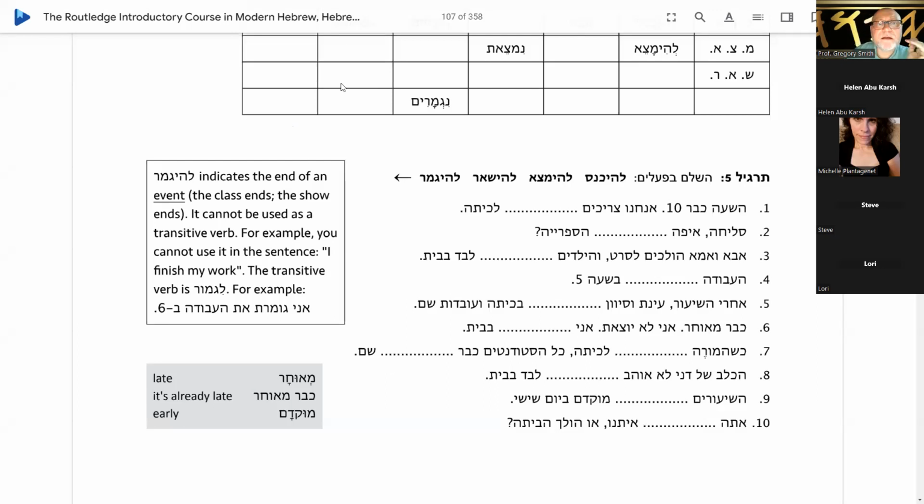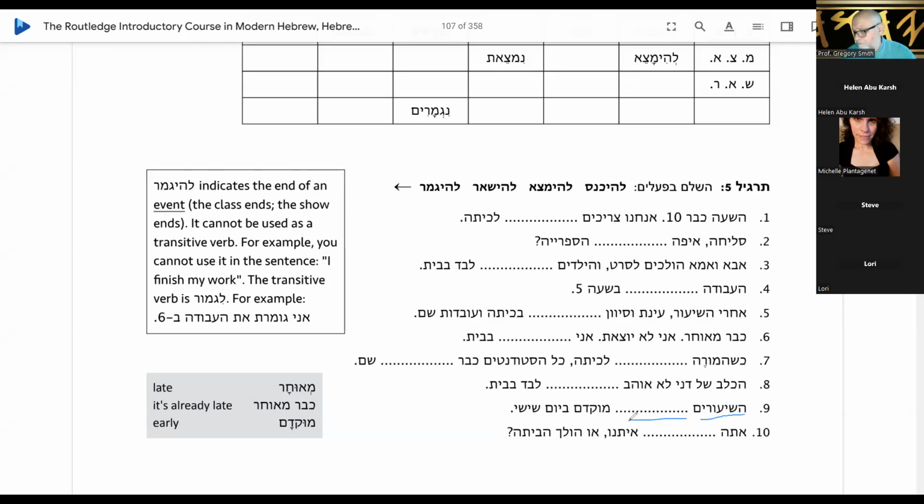Okay, so hashiurim, we should see nigmarim. Hashiurim, nigmarim, mukdam, bayom shishi. השיעורים נגמרים מוקדם ביום שישי. Okay, so hashiurim, the lessons, and we're going to put nigmarim.